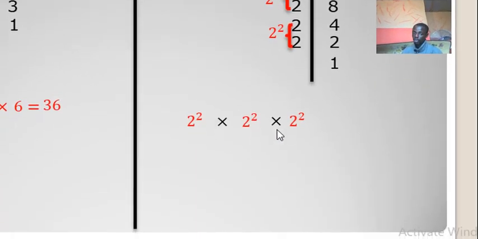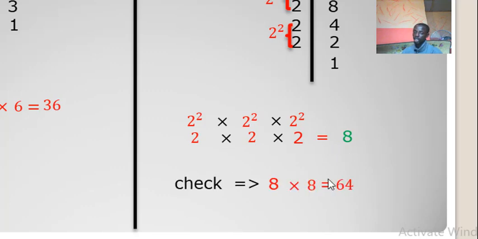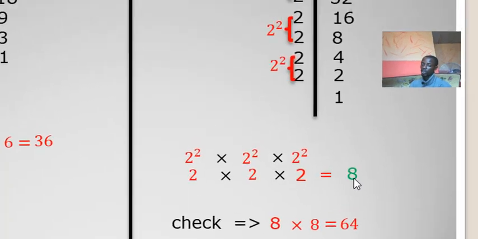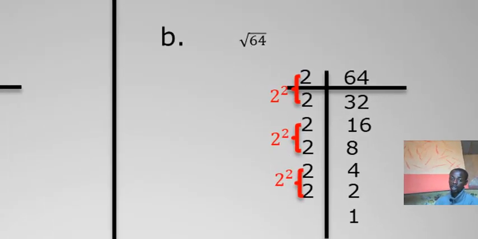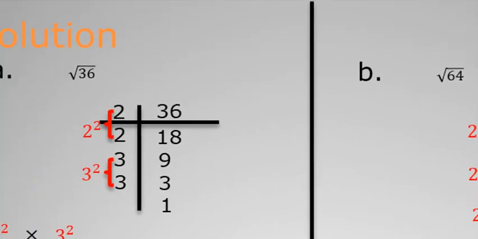And instead of writing the squared, you just pick one of each. And that answer is 8. That is 2 multiplied by 2, 4 multiplied by 2, that is 8. Now to check: if 8 is multiplied by itself, will you get 64? If yes, then it means your answer is right.